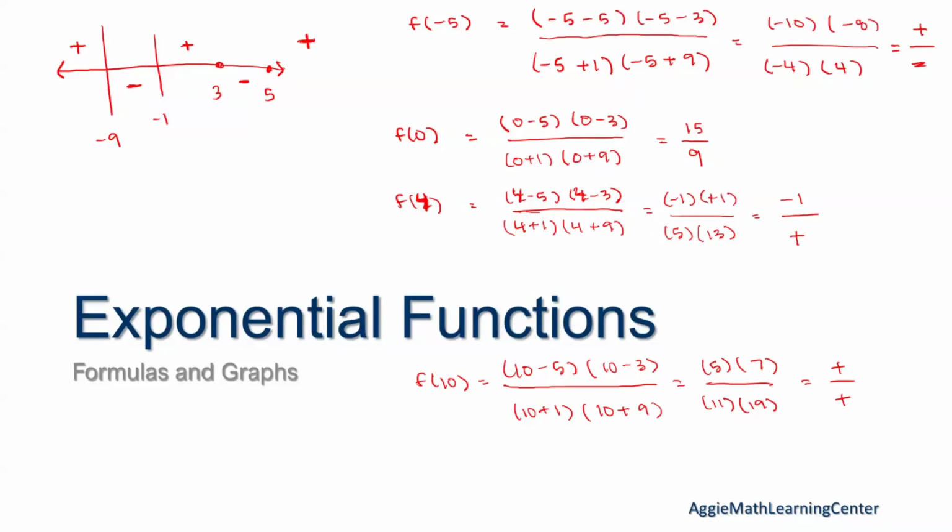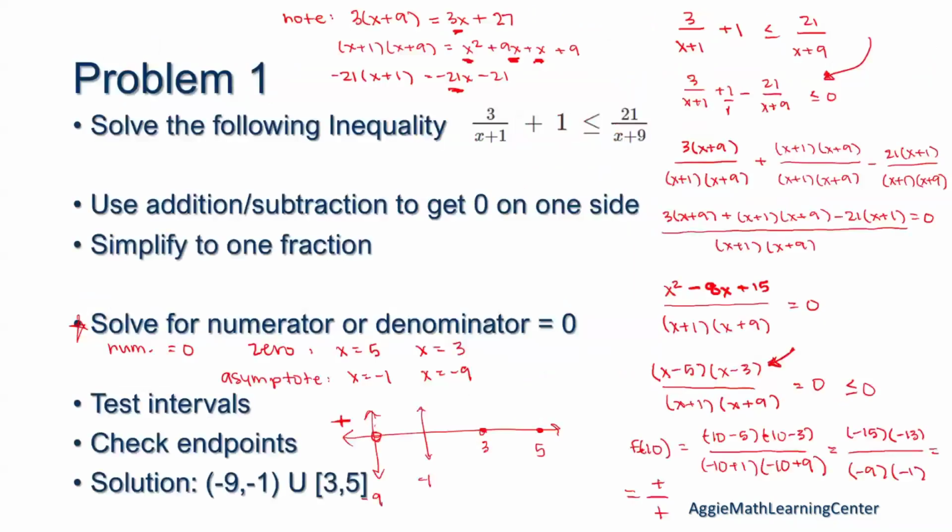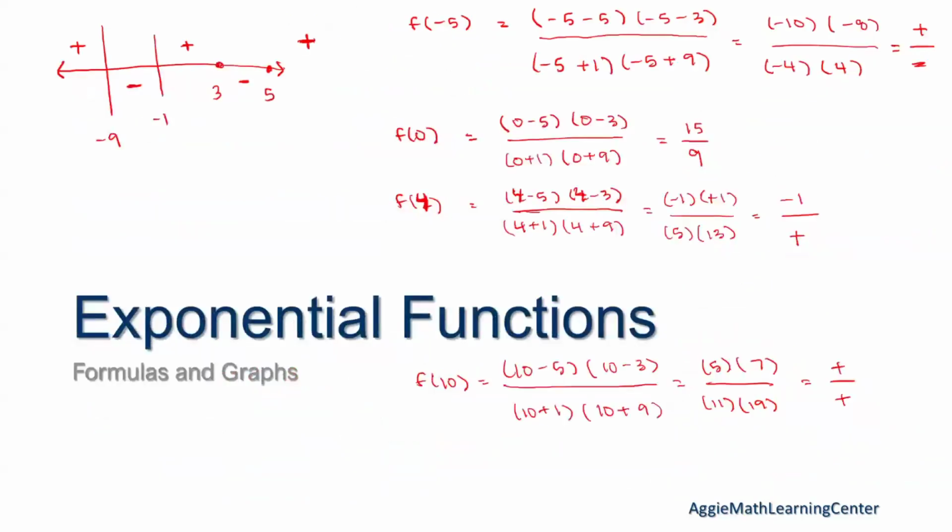Okay. From the previous slide, we remember that, like this handy dandy little arrow says, we're looking for numbers that are less than or equal to 0. So on our number line, this number line is kind of like the x-axis, right? Our up and downs represent asymptotes. These are values that the function cannot be. The circles are values that the function will be, right? There's a function crossing through those zeros, right?